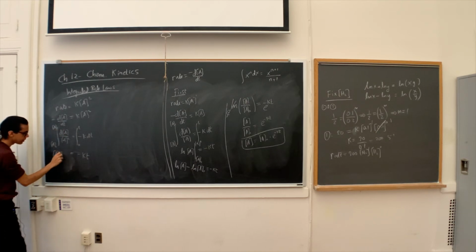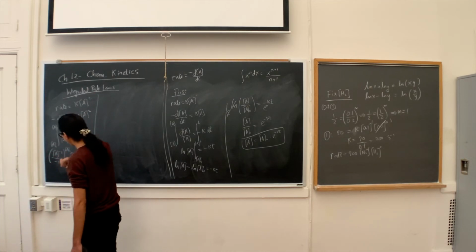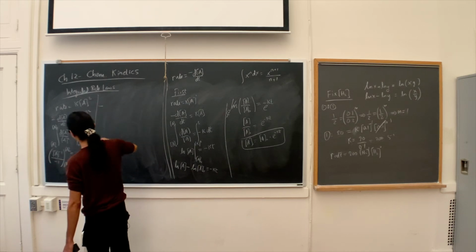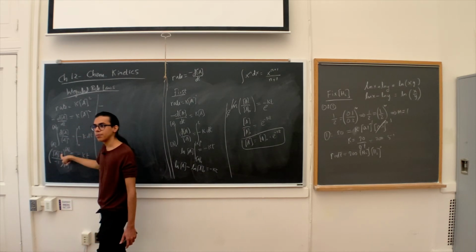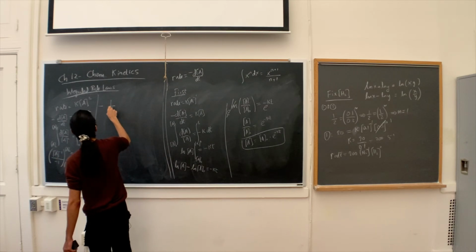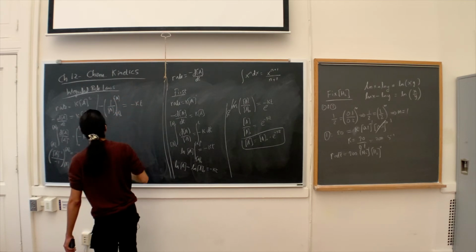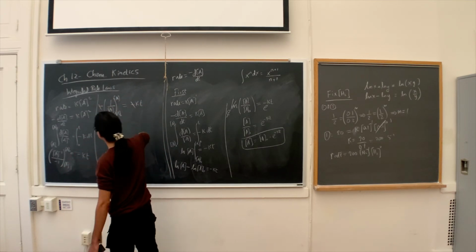Negative 2 plus 1 is negative 1, over negative 1, whole thing going from a naught to a. Let's simplify that. I can take out the negative. A to the power of negative 1 is 1 over a, going from a naught to a. And on the right-hand side, as usual, we have negative kt. The negatives cancel, which is nice.